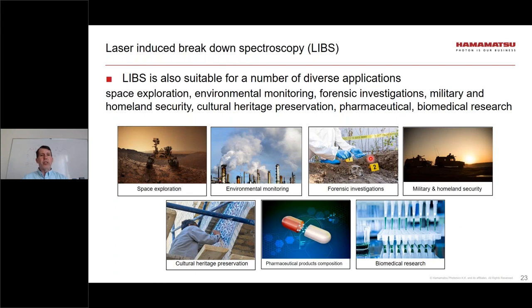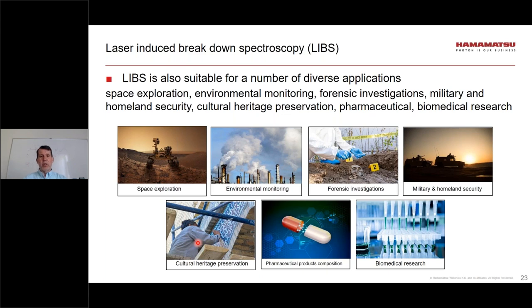Some more applications and places that one can find LIBS technology. Kind of a fun fact, LIBS is on Mars, so the rovers in space exploration use a LIBS spectrometer. It can also be used in many other applications, ranging from pharmaceutical, biomedical applications, environmental, and so on and so forth, as illustrated here.